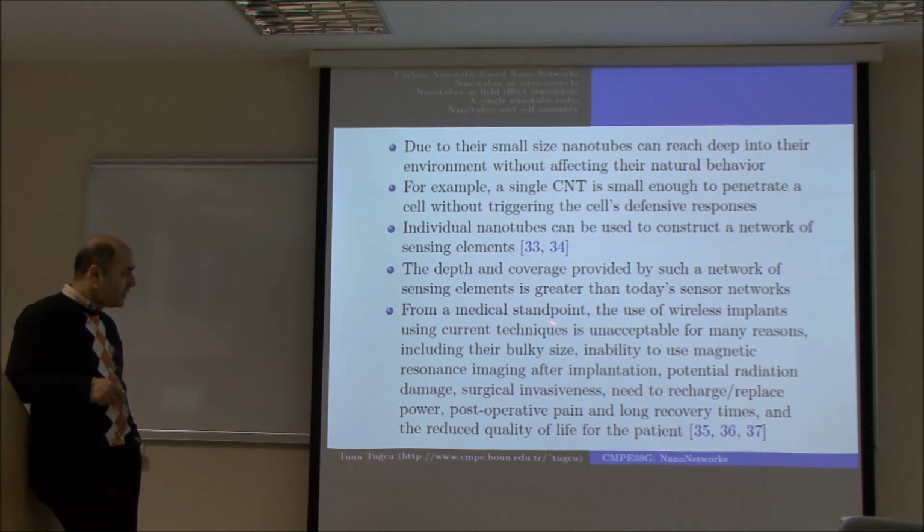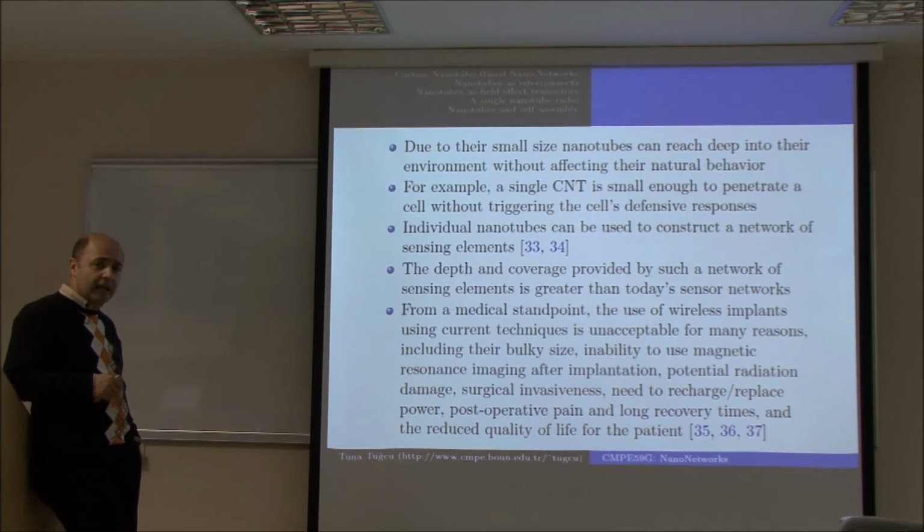First of all, they're bulky in size. Remember, the sensor nodes are typically either this big or there are also smaller ones, but they are bulky. One important thing is it should have the battery, so the battery also adds to the size of it.